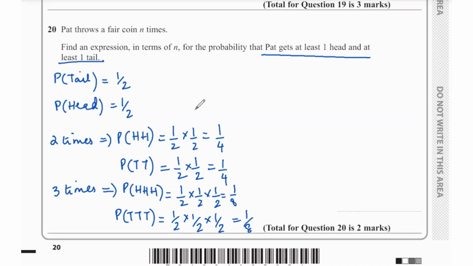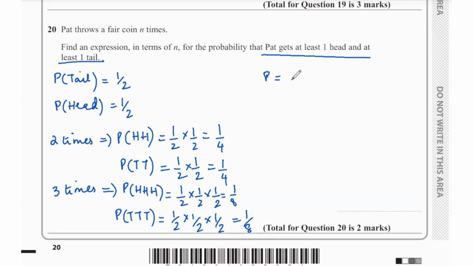Now, if you're wondering why we're finding the probability of all heads and all tails for 2 times and 3 times, even though the question says Pat gets at least one head and at least one tail, in order for us to find different combinations for getting a head or a tail each time, it's easier to find the probability of all heads and all tails and then subtract that from 1 to get the probability of what we're trying to find.